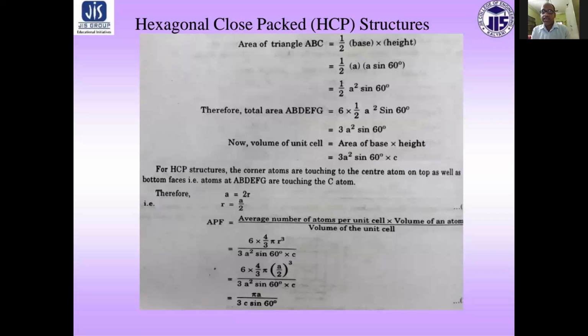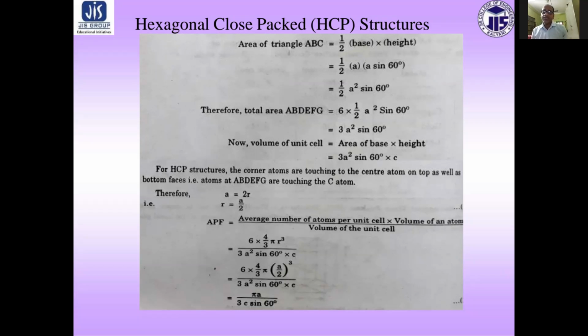Now, from this HCP crystal structure, the corner atoms touch the center atoms on the top as well as the bottom faces. That is, the atoms at A, B, D, E, F, G are touching the C atom, the interior or center atom.